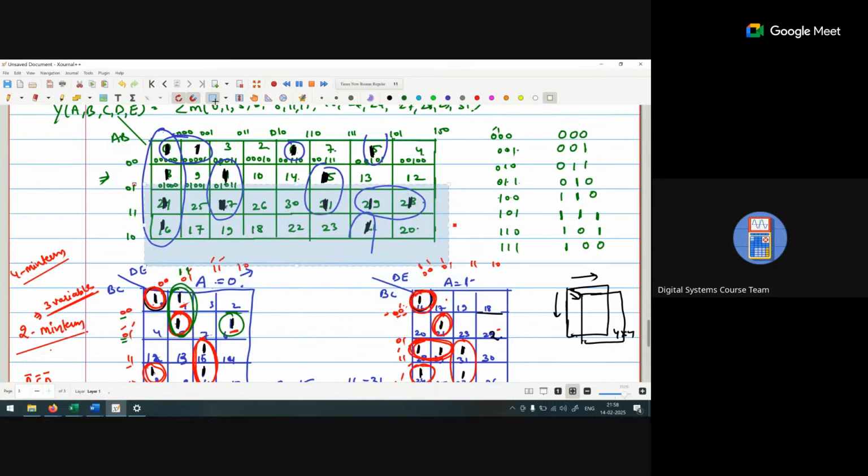The last two rows will create one matrix and the first two rows will create one matrix. Clear?